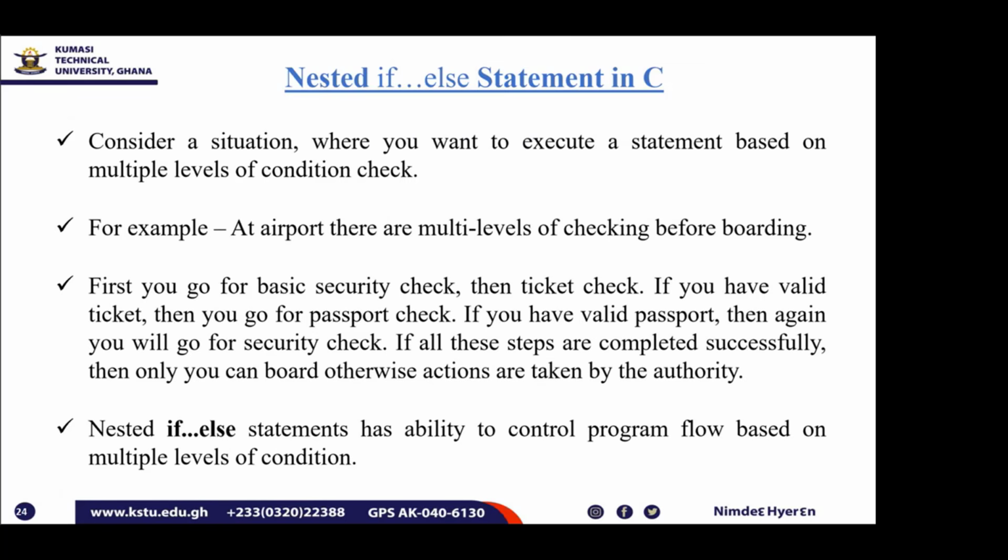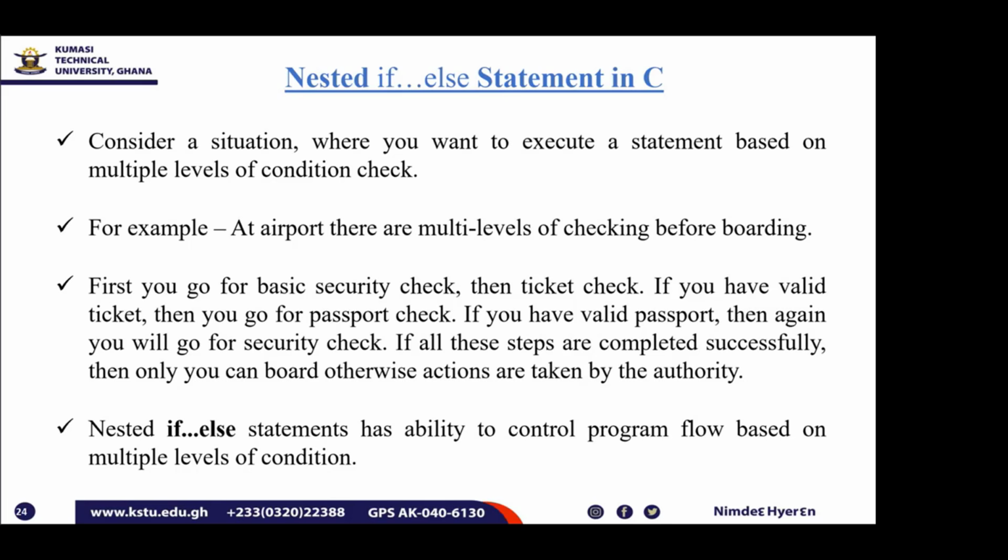So let's consider a situation where you want to execute a statement based on multiple levels of condition check. For example, at the airport, you would normally have multiple levels of checking before onboarding is done. You first of all would normally go through the basic security check. Then your ticket is checked.